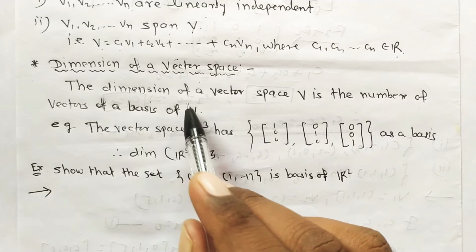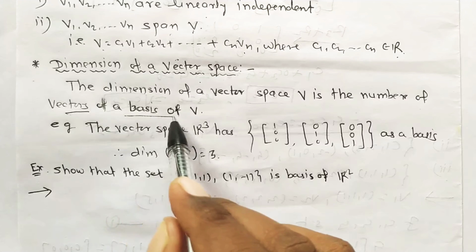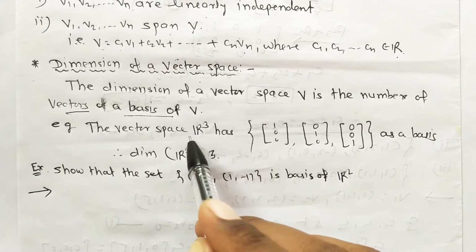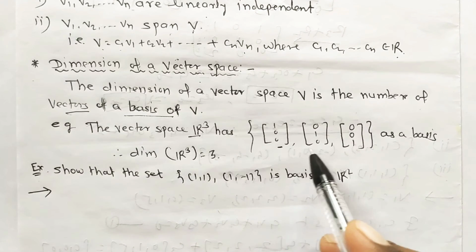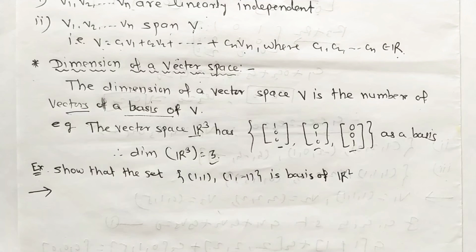The dimension of a vector space V is the number of vectors in a basis of V. For example, the vector space R3 has (1,0,0), (0,1,0), (0,0,1) as a basis, because these are linearly independent vectors. So in a basis of R3, the number of vectors is 3. So the dimension of R3 is equal to 3.